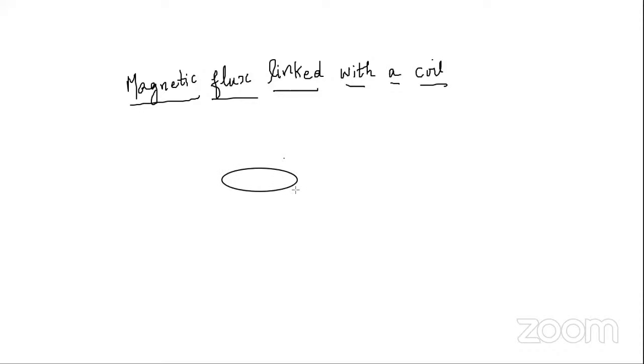So here you can see this is the coil, and you are having a magnetic field along this direction. Let me represent the magnetic field with a different color. So this is the magnetic field represented by the capital letter B, and the area vector can be represented like this.